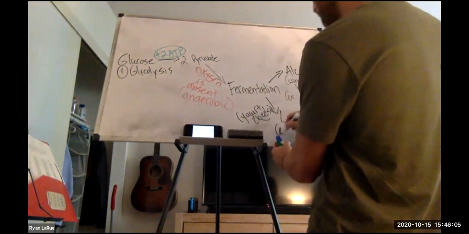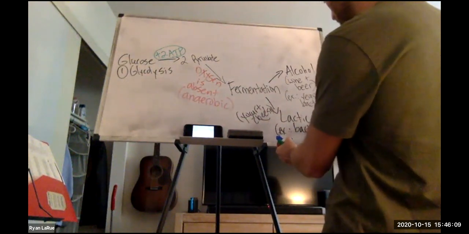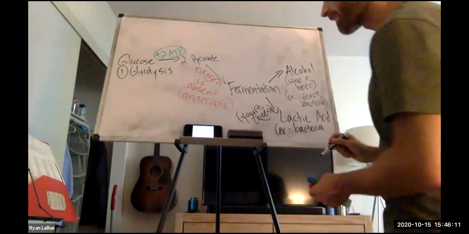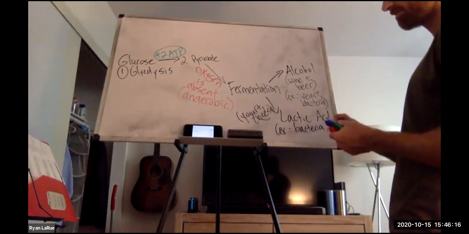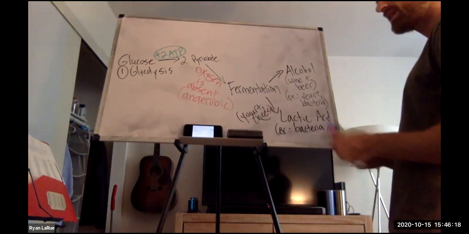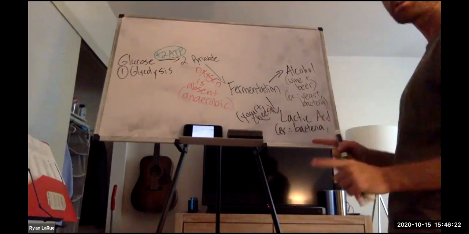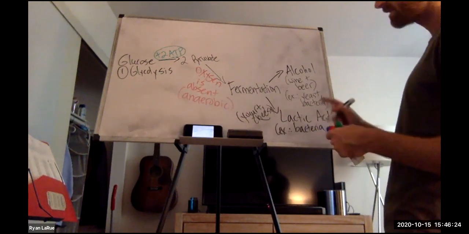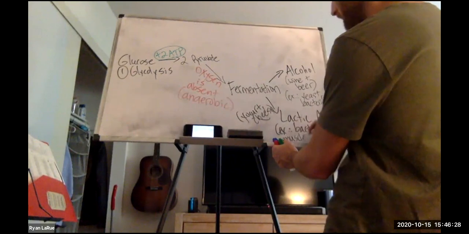And the organisms doing this are certain strains of bacteria. And I might ask about this on the exam, I feel like I had a question I've used before about this. Our muscle cells ferment and produce lactic acid during strenuous exercise.